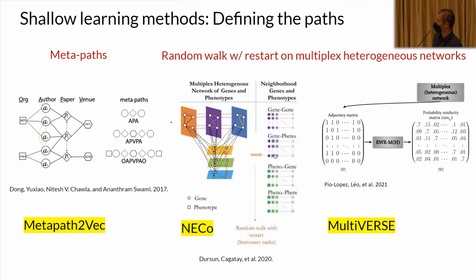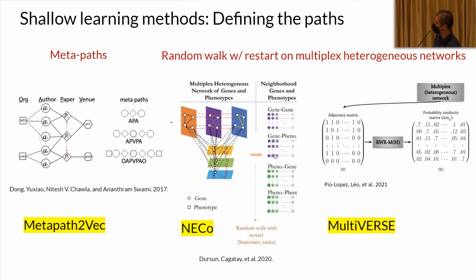We can also define meta-paths, where we're doing, again, random walk, but we are particularly careful about what kind of nodes we visit. So on the graph on the left, we can define a similarity between two author nodes based on their co-authorship.